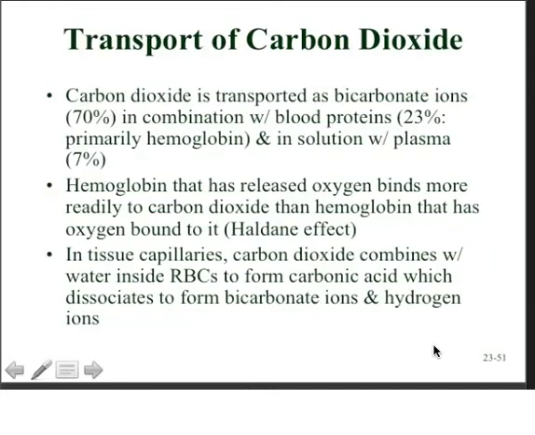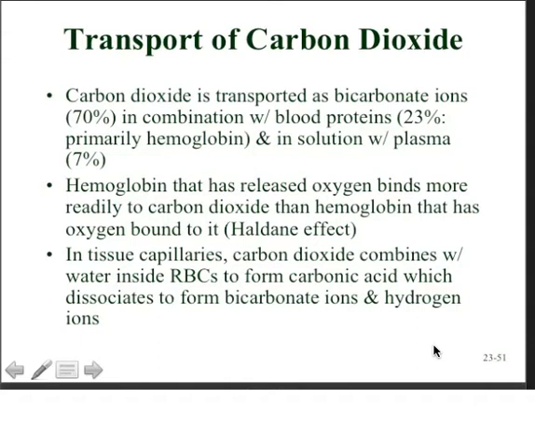So bottom line, when you've got metabolically active conditions, high CO2, low pH, high temperature, the hemoglobin is going to unload. It's going to dump its oxygen, and to some extent it actually directly binds to CO2, but mostly it's going to promote via diffusion the movement of CO2 out of the tissues and into the blood.